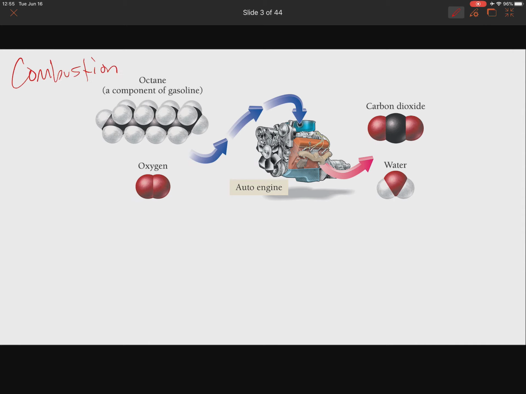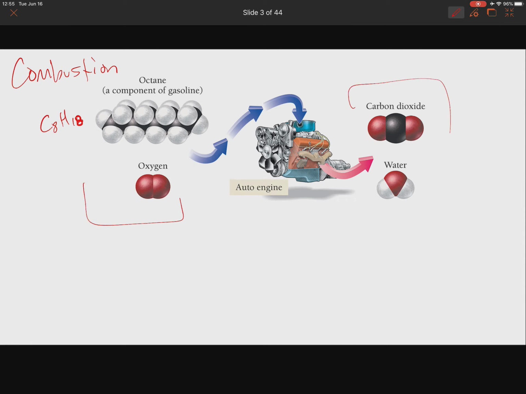Now, a combustion reaction, such as the one that takes place in an automobile engine, where hydrocarbons such as octane, C8H18 here, combine with oxygen. So gasoline molecules combine with oxygen from the air and react to form carbon dioxide and water. This is the reactants and the products of a combustion reaction.